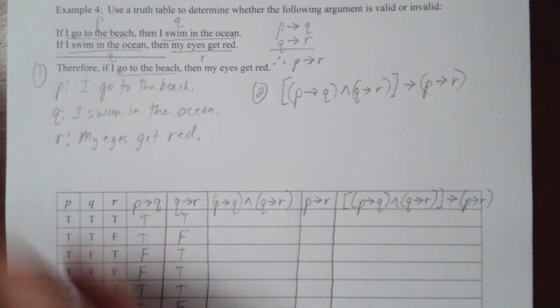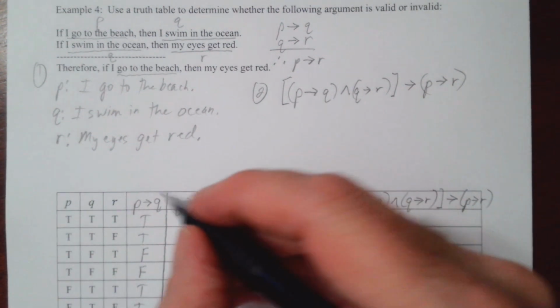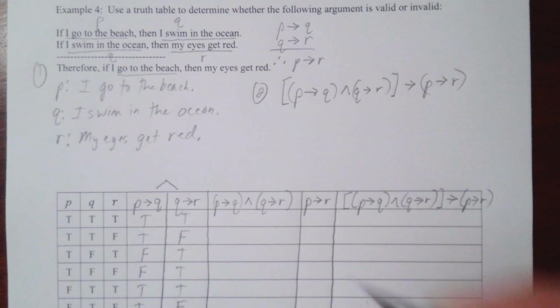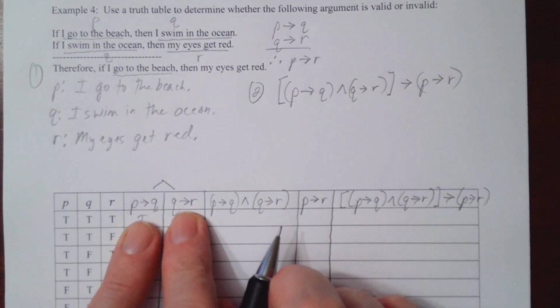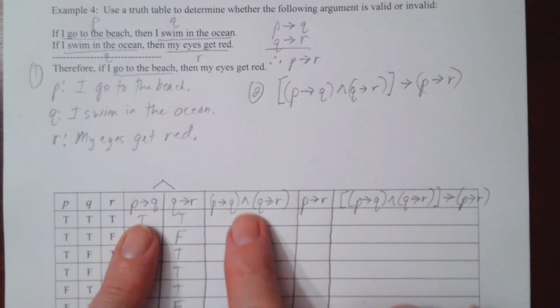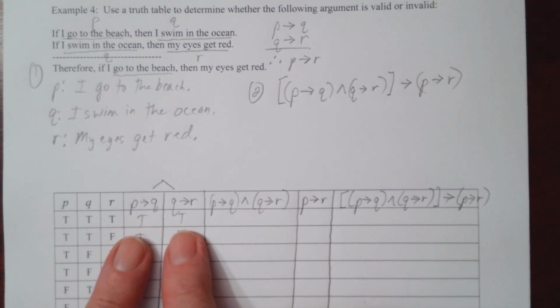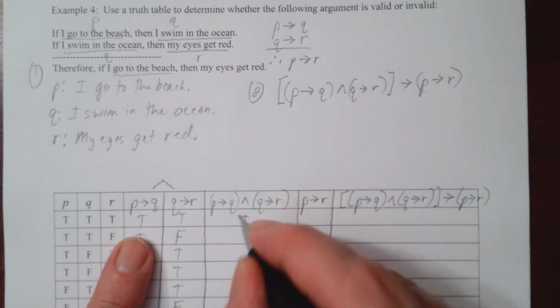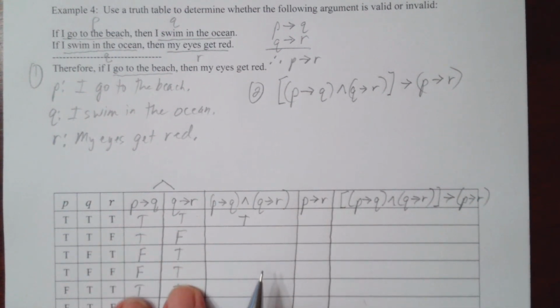So now we're going to do an AND statement with these two if-then statements. An AND statement is only true if you have true, true. So we have a true, true there and here and here and here.